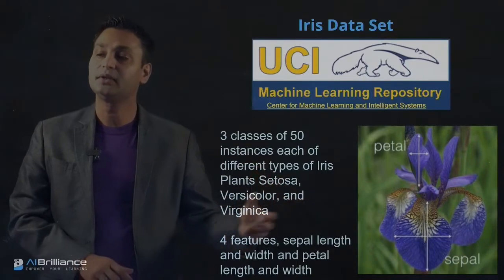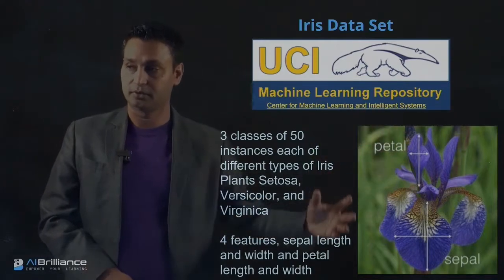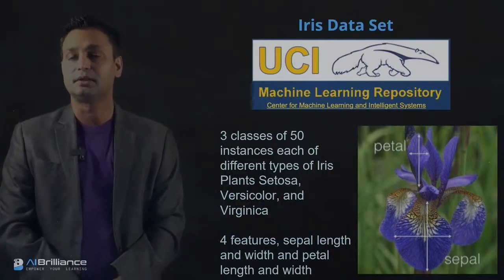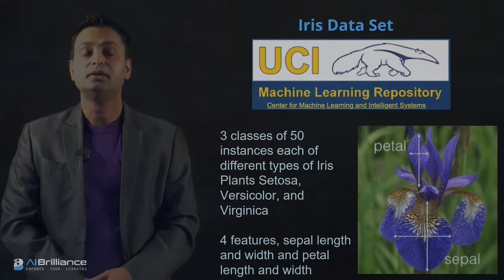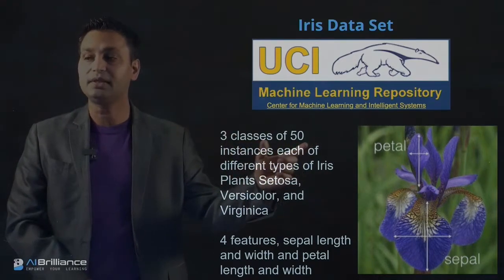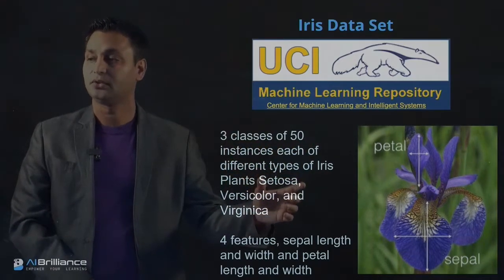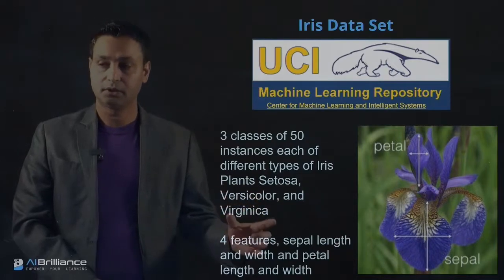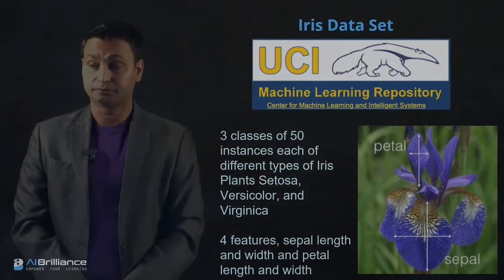These are the three different types of iris flowers that you have, and the dataset essentially comprises three classes of 50 instances each of the setosa, versicolor, and virginica flowers.